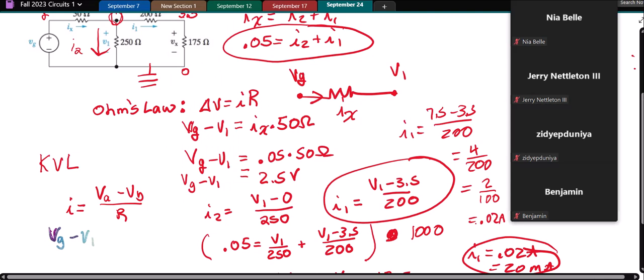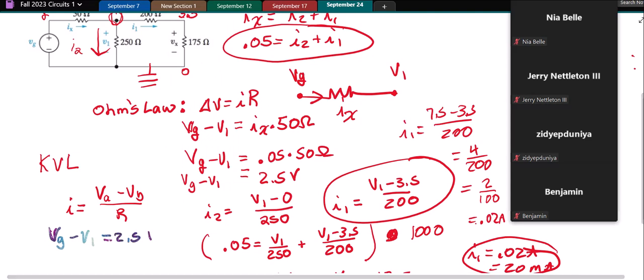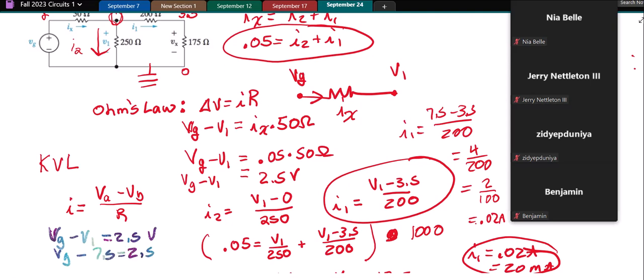VG minus 7.5 equals 2.5 volts. And so VG equals 10 volts.